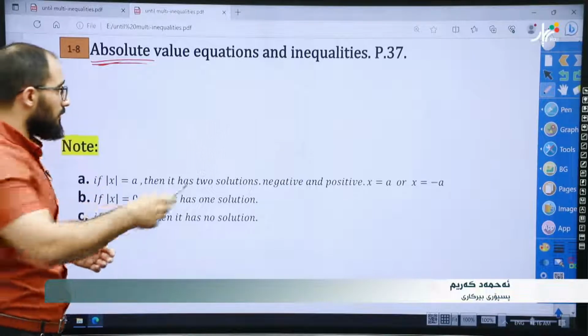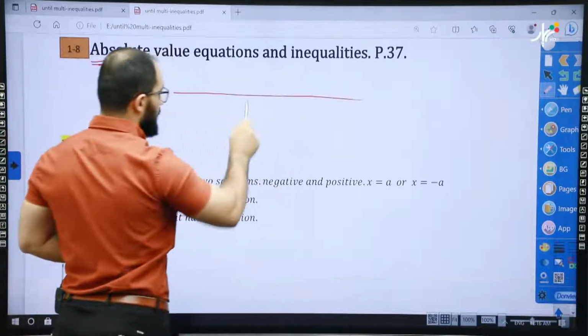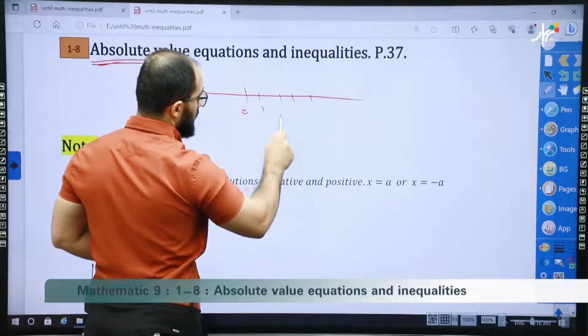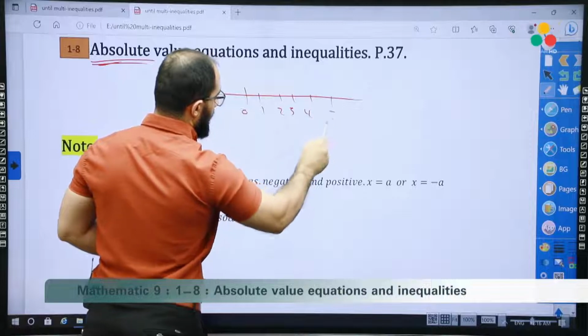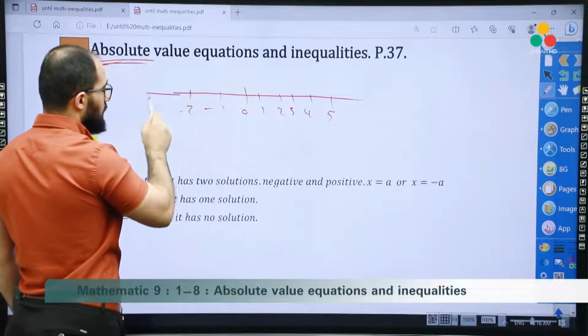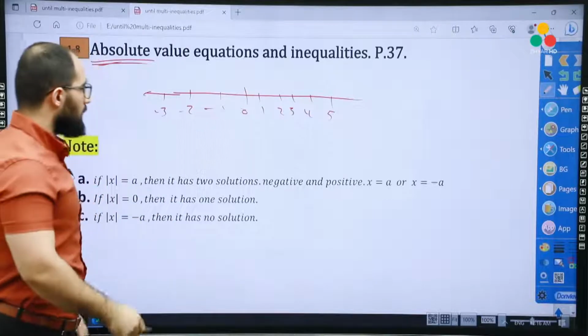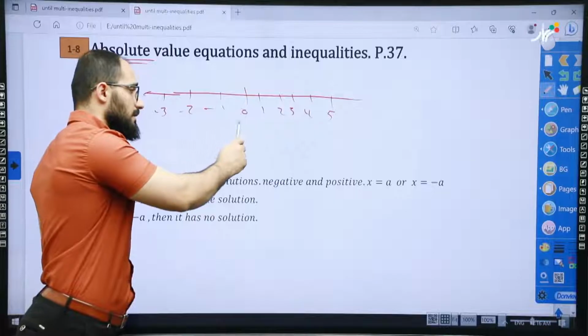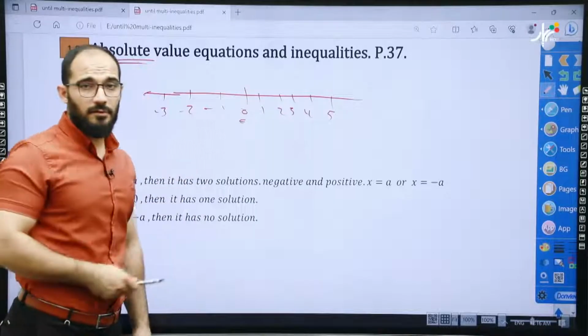It means 0. For example, let's say we have 0, 1, 2, 3, 4, 5, and on the other side you have -1, -2, and -3. Okay, so absolute value is the distance between the origin, meaning 0, and the given point.